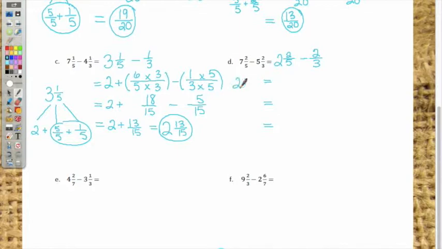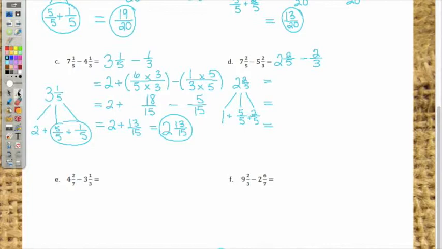So if I decompose 2 and 2/5, going to borrow 1 from the 2. How many does that leave? It leaves 1. Okay. I'm writing my 2/5, and I need 1 whole in there. 5/5. I think we've had 5/5 every time, haven't we?